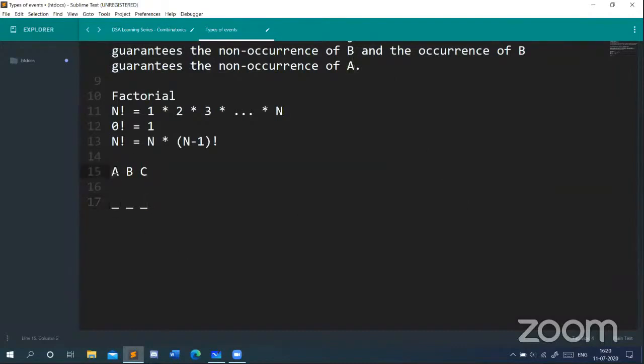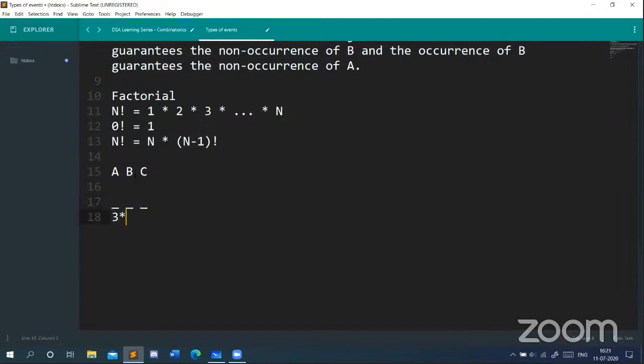What I was saying was, it's A, B, and C, and we have to arrange these in a line. Then for the first blank, I have three choices. I can choose any one of these. Whatever I put in the second blank is independent of what I put in the first blank, in the sense that the number of ways of filling the first blank is independent of the number of ways of filling the second blank.